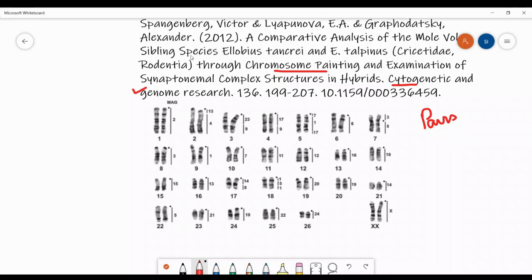Okay, this is a different organism. But to demonstrate the point, to understand the structure, we can see that these are in pairs and there are bands.